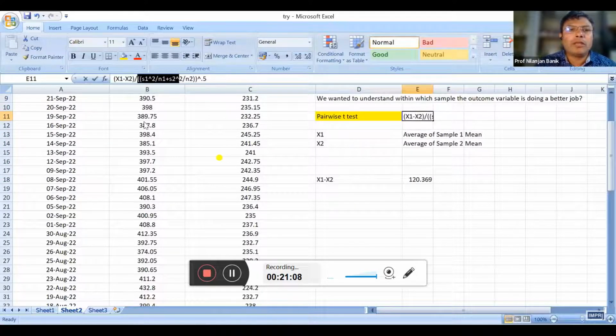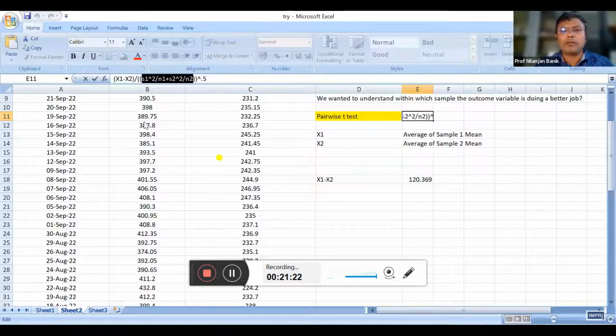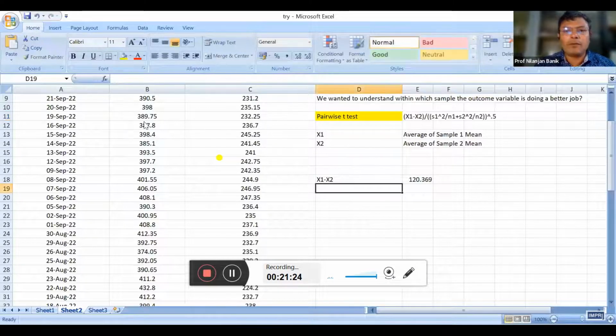Okay, now let's first do s1 square and s2 square. So first let's try to derive this one. This one is s1 raised to the power 2.